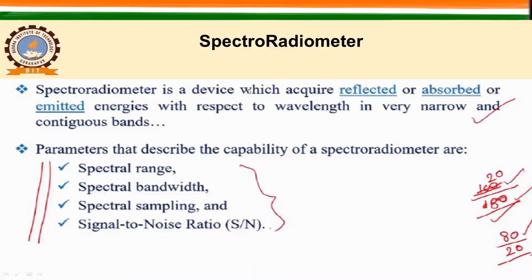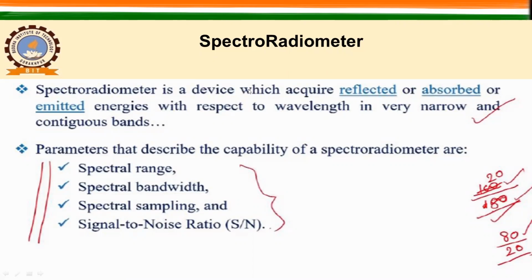When we are talking about the spectroradiometer, see, in remote sensing, basically we use spectroradiometer, right? In a spectroradiometer, it is not necessary to touch your sample. So that means we can still validate our remote sensing definition.